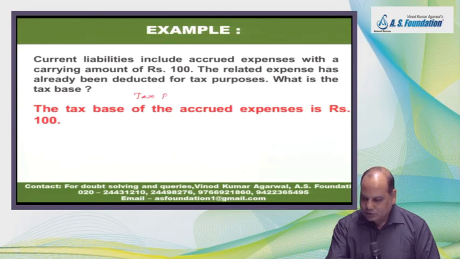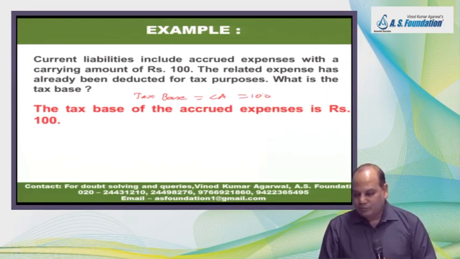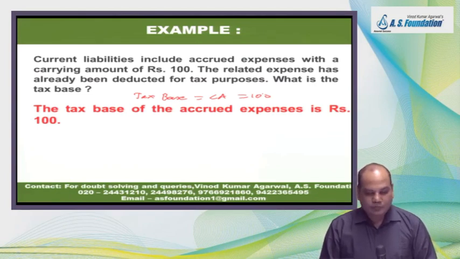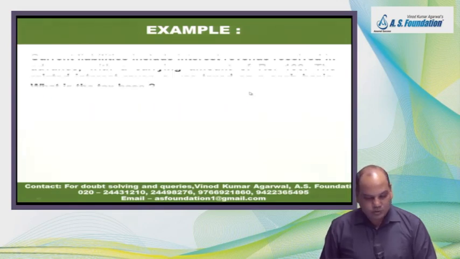So write down the answer: tax base is equal to carrying amount, equal to rupees 100. If both in the books and for tax purpose expenses are considered on accrual basis, then tax base and carrying amount will be equal. Try one more.